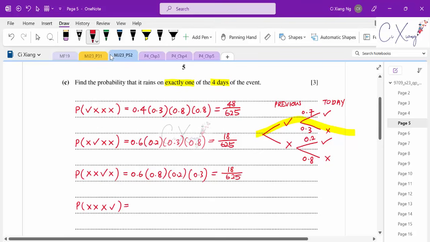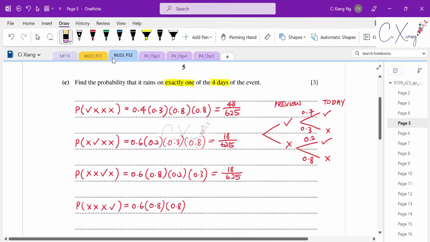Okay, then we come to the last case here. First day, which is a Sunday, not raining. So the probability will be 0.6. Then second day is today. Today not raining, previous day also not raining. Previous day and today not raining, probability is 0.8. Come to the third day, today. Today not raining, previous day also not raining. It is still the same, which is 0.8.